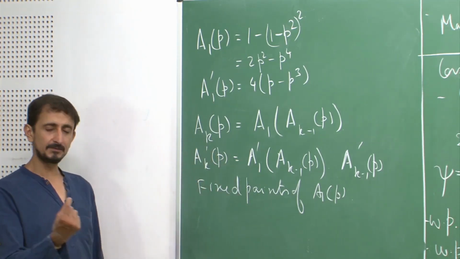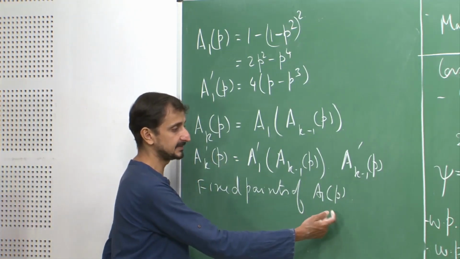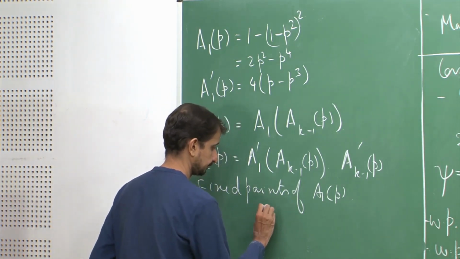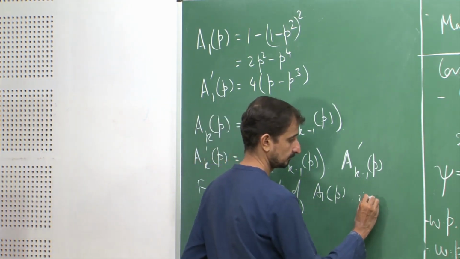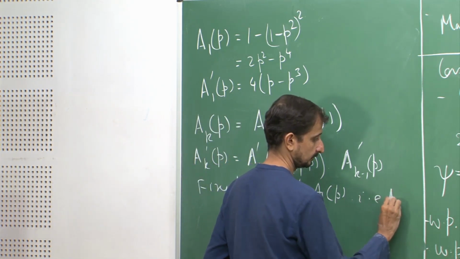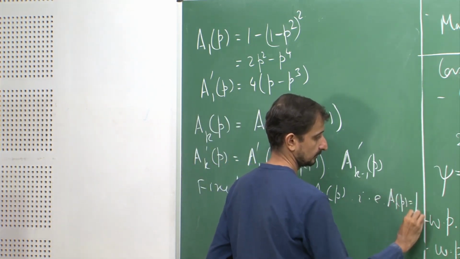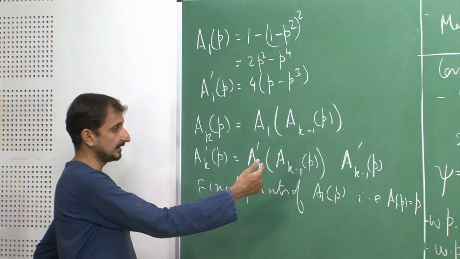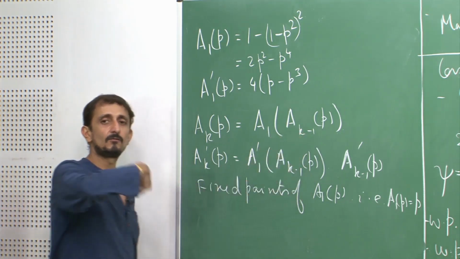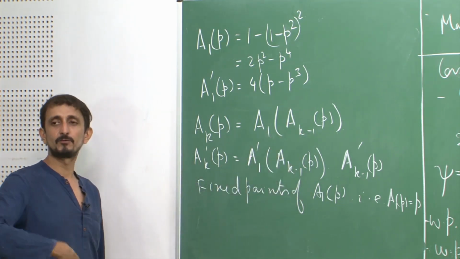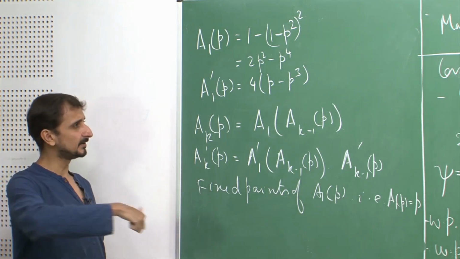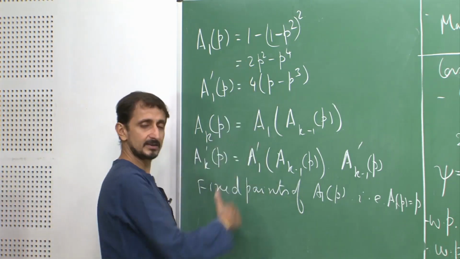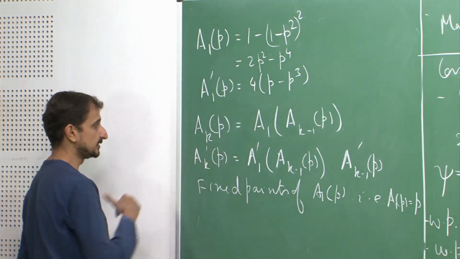Because let us say I have a fixed point of A1(p), that is basically a point p such that A1(p) is equal to p. Again, if I substitute A1(p) for p over here, for A2 also I get the same fixed point, for A3 also I will get the same fixed point, and in general for any k I will get the same fixed point. So, the fixed points are the same by the definition of Ak.